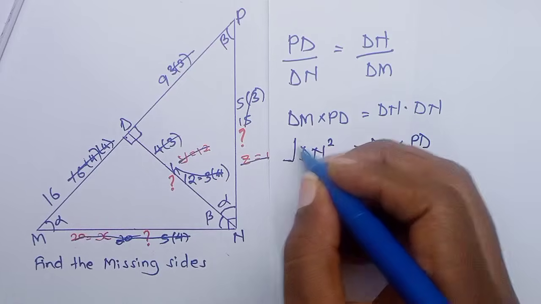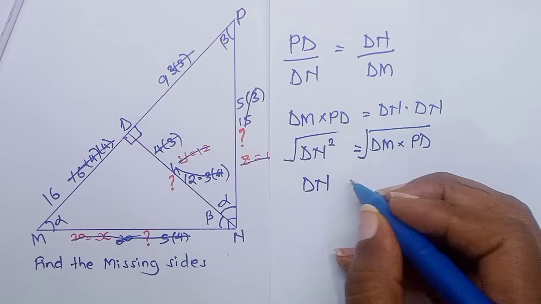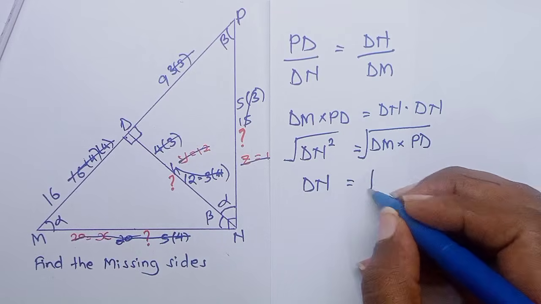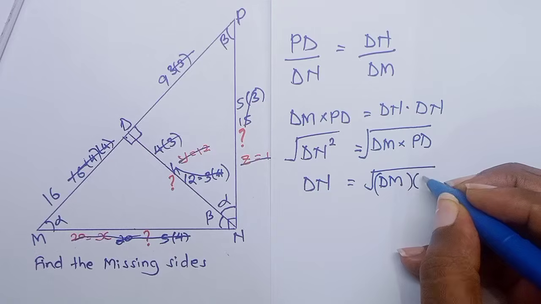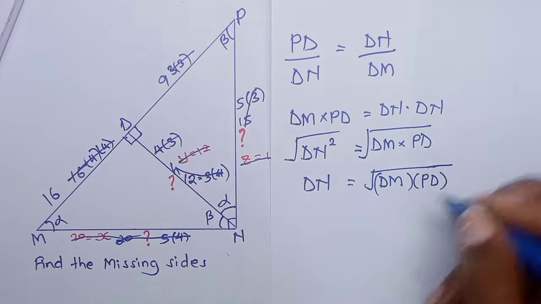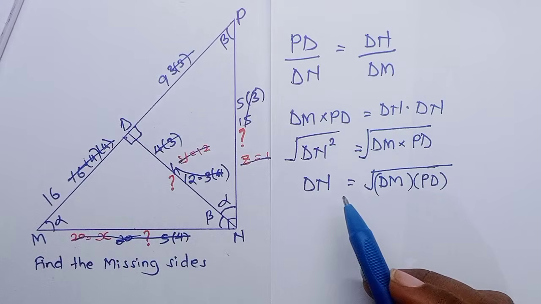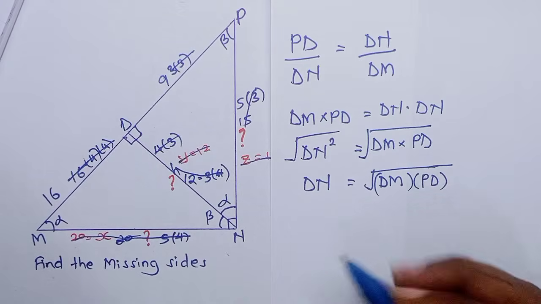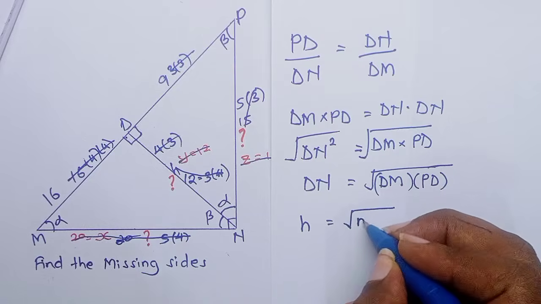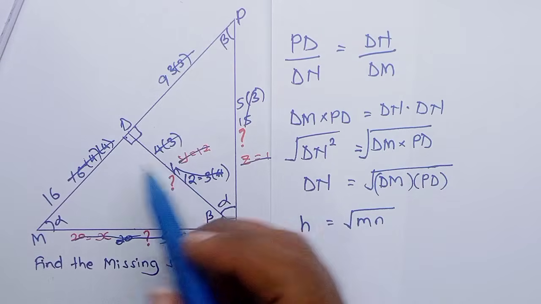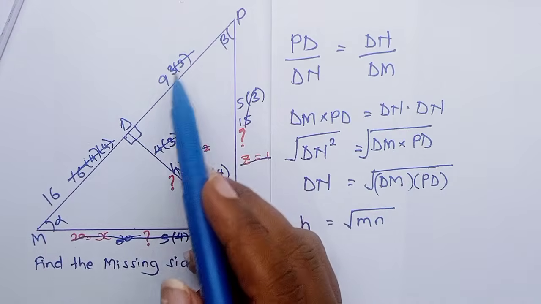So find the square root on both sides. So DN is equal to the root of DM times PD. So this here proves, if you remember our equation that we had, which was h is equal to the root of mn, where this was h and this side from here to here is m and from here to here is n.